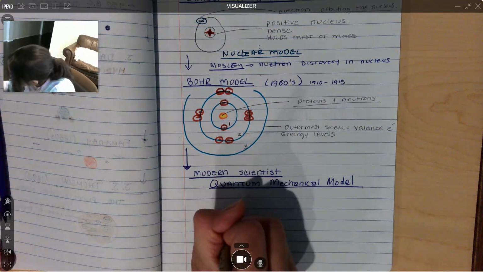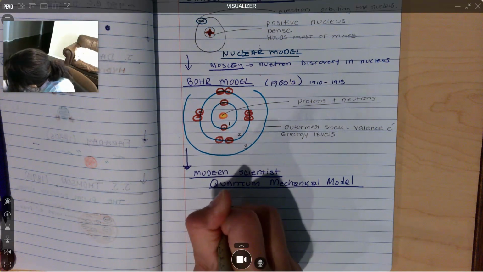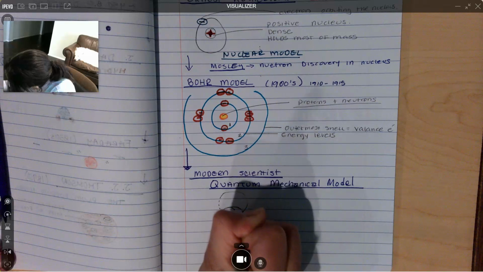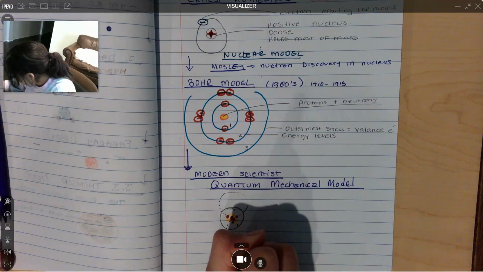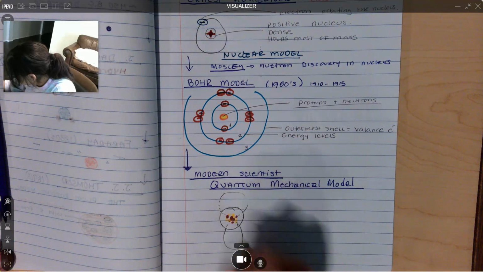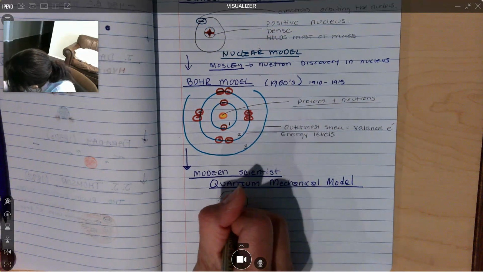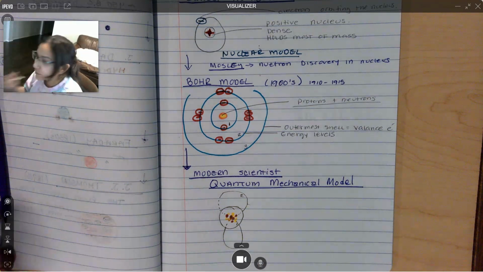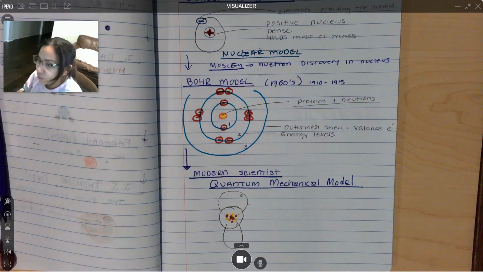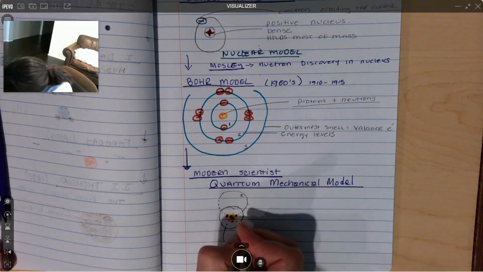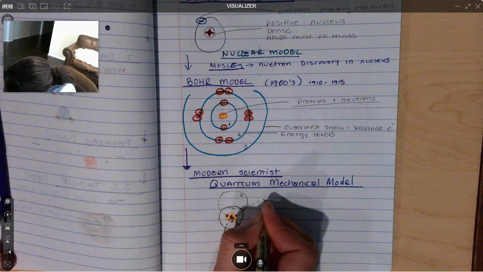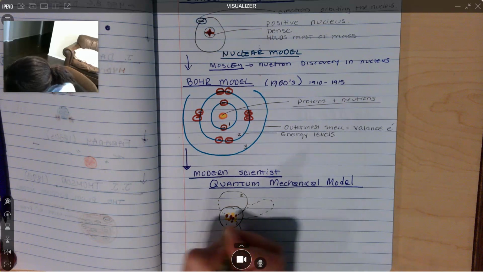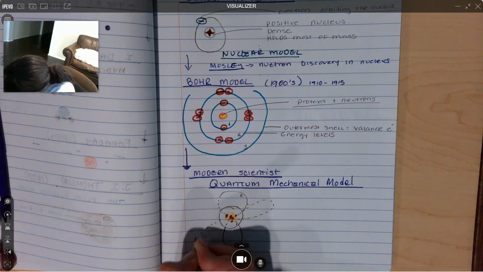Then we have the lobe for energy level 2. And that looks like this. Okay. And this is the lobe for energy level 2. And then we have our lobe for energy level 3, which can vary in its form. And that is similar to the rest of these, but it's now thinner outer lobes.